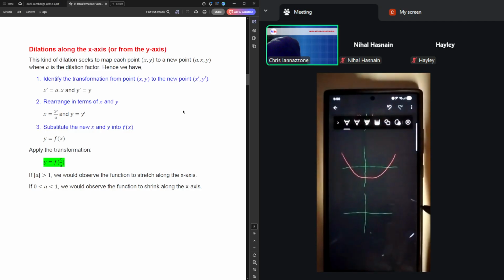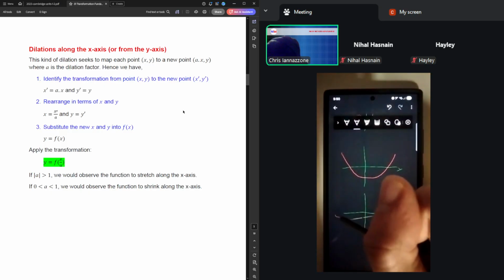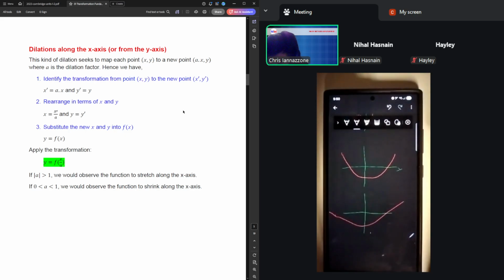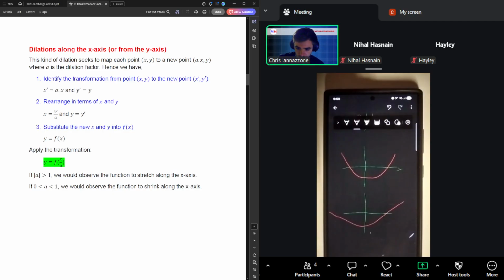Dilating it in, let's say, the x direction would make it even wider. I maybe did a poor example of that, but it's supposed to be quite a bit shallower there.